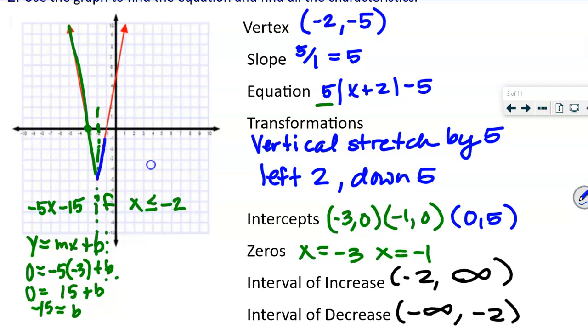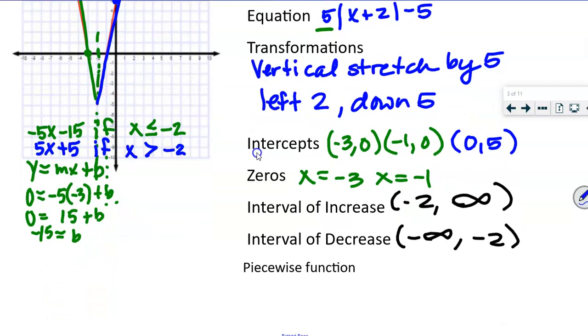All right, now let's do this other one here. This one right here, okay? So once again, this is going to be 5x because it's a positive slope. We can see the intercept right here, so that's +5, and this one is if x was greater than -2. Again, it doesn't matter which one of these has the equal sign under it, just make sure that both of them don't.